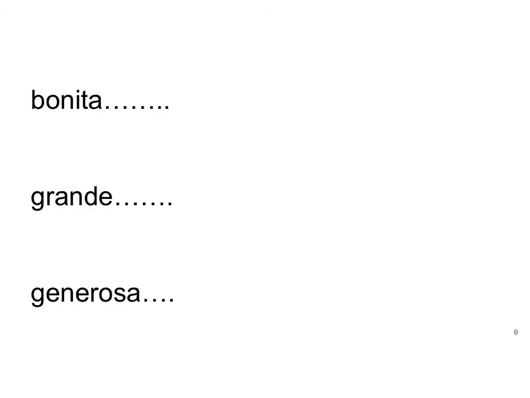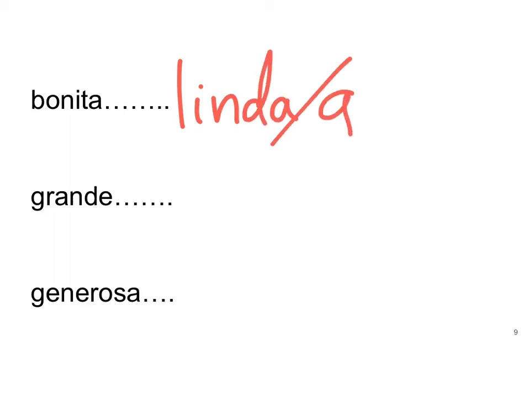In Spanish, we have these three descriptive adjectives, and the synonyms that we could come up with for them would be: for bonita, it could be linda, as in pretty. We also covered guapo, which you can use for men as handsome, or guapa for women as good looking or pretty.